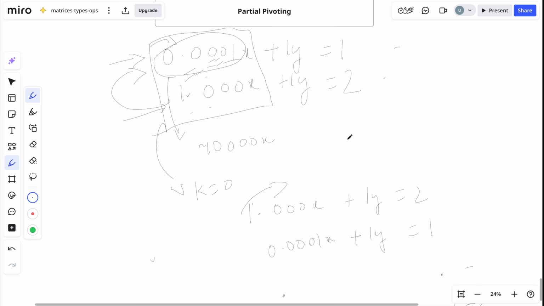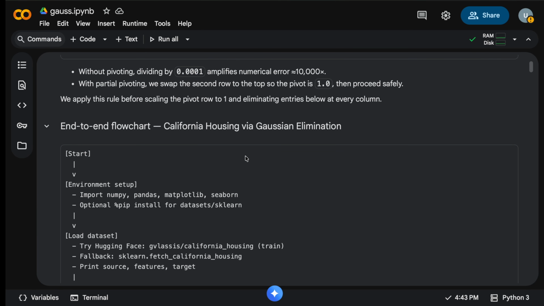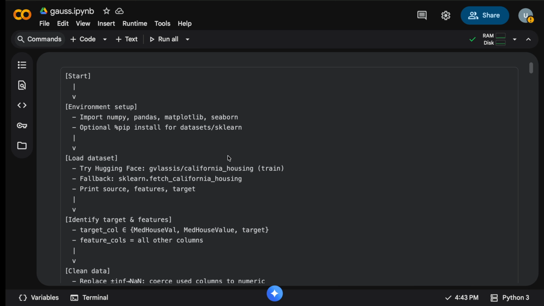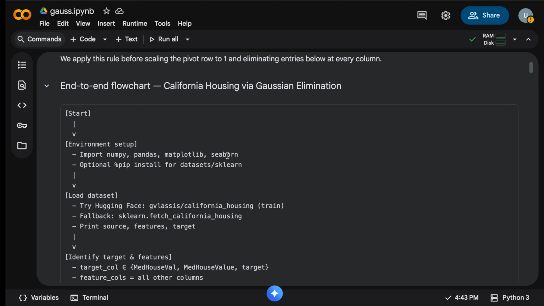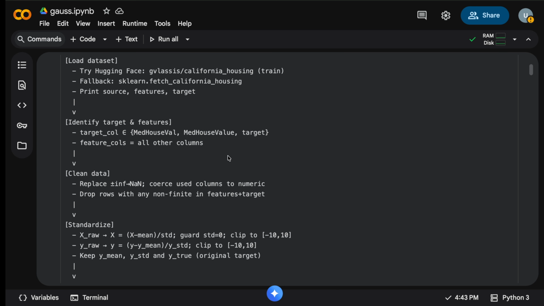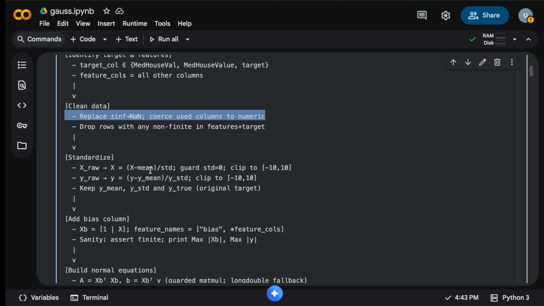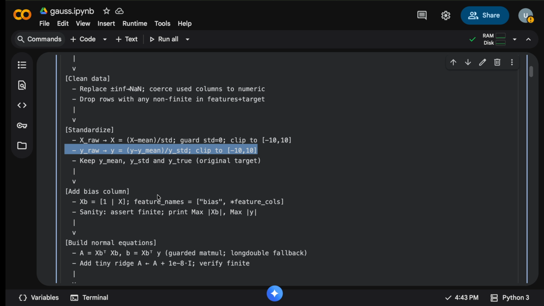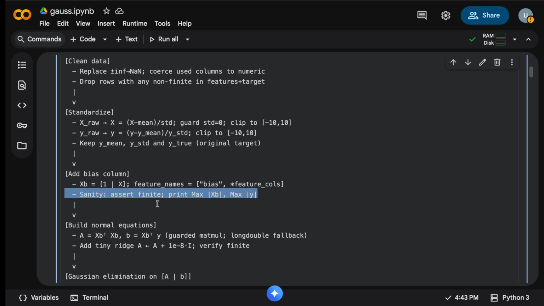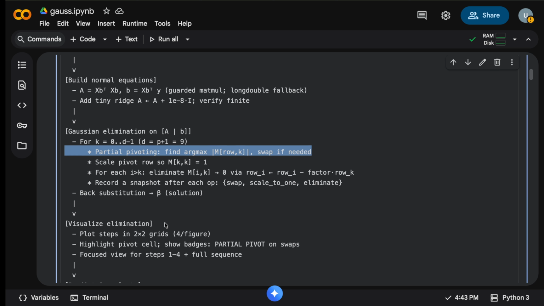So let's now go directly into the code examples. For the code example, I will demonstrate using a real life dataset, the California housing dataset. We will first try to understand the dataset and identify the target and features. We will clean the data, standardize it as much as possible, add a bias column, build normal equations around it, and then apply the Gauss elimination method.